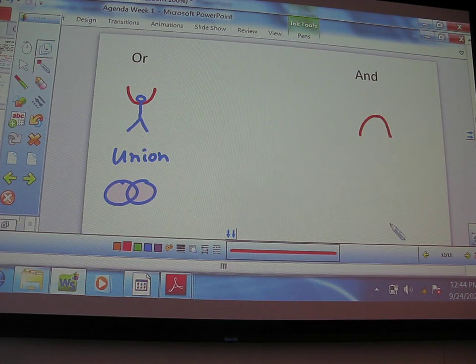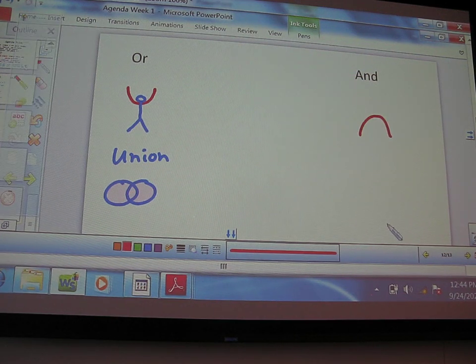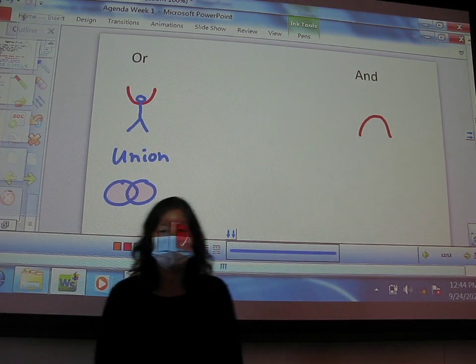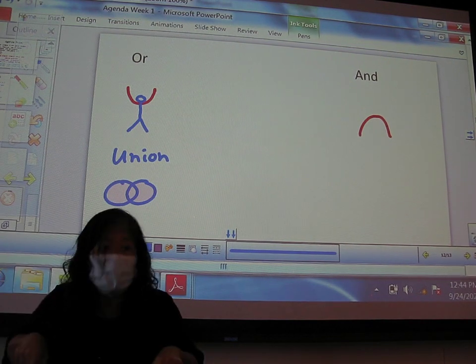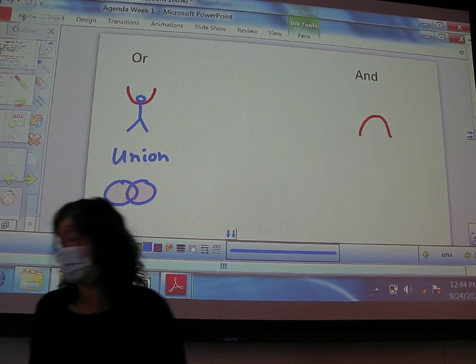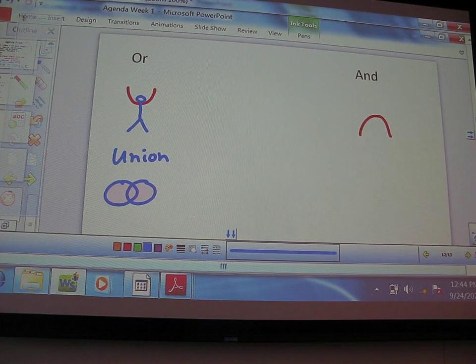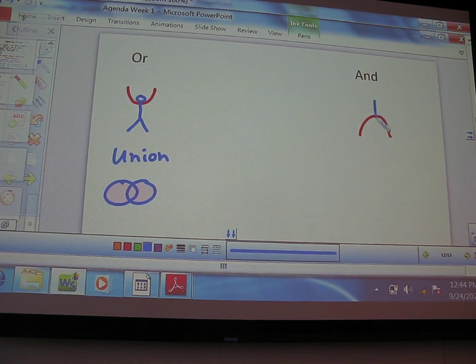That's a symbol for and. I like to think of it as a cowboy. He's got one leg in A, he's got one leg in B, he's in both of them. So, here's my little cowboy. He's got one leg in each one of them. Does that kind of make sense? This is and. This is also known as the intersection.